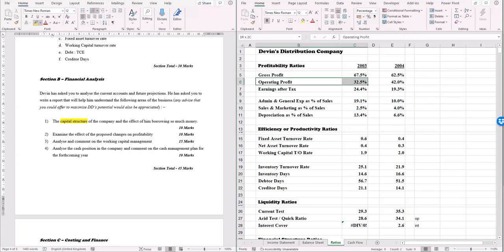However, to achieve these efficiencies, they had to borrow money, and therefore the earnings after tax percentage is less because of the interest cost. So it's always trade-offs. You get the efficiencies, but you have to pay for them by borrowing money and using debt. So that's the impact on the profitability.